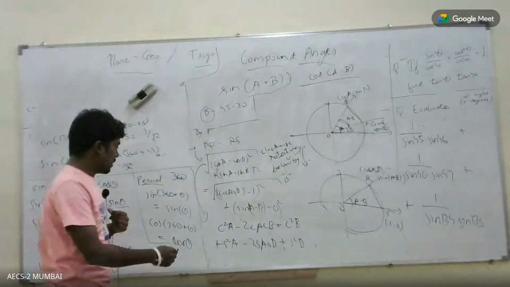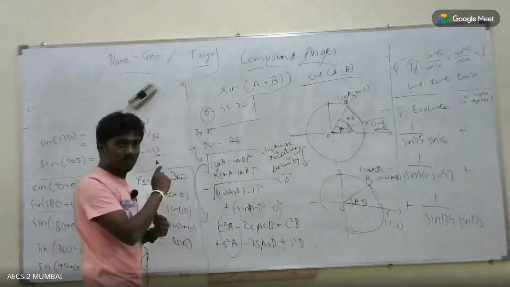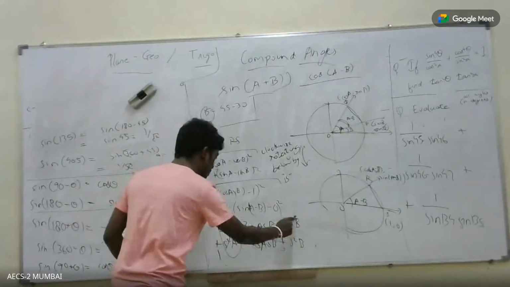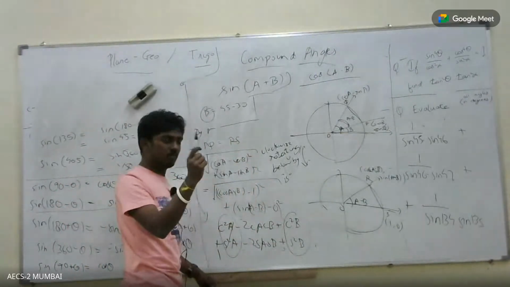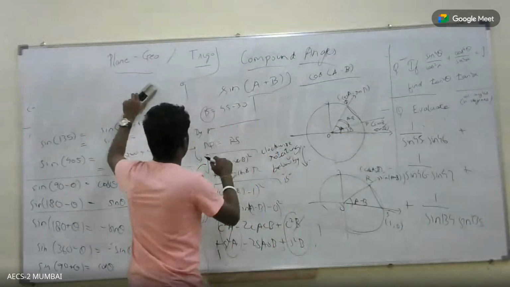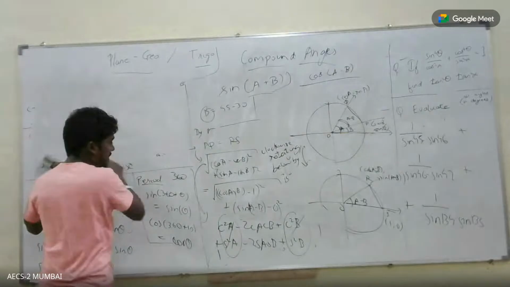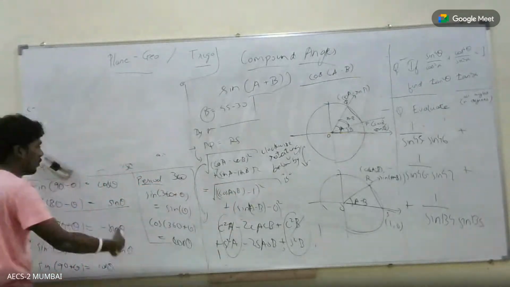Correct? What is cos square A plus sin square A? 1. What is cos square B plus sin square B? 1. Done with this. And now for the RHS, you have (cos A minus B minus 1) the whole square.